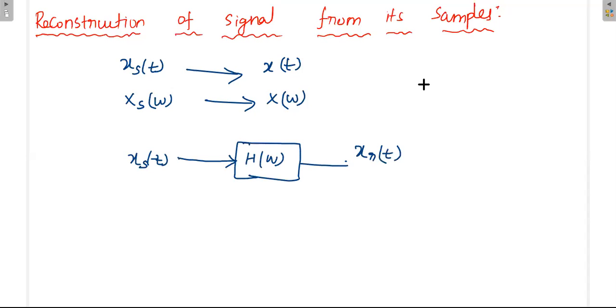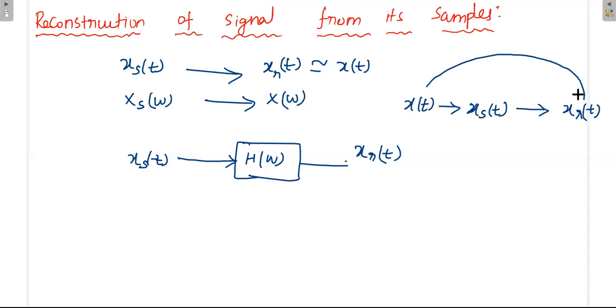What is actually happening is that from x of t we get xs of t at the transmitter side, and at the receiver side from xs of t we try to recover a signal, say xr of t, which is approximately equal to x of t.